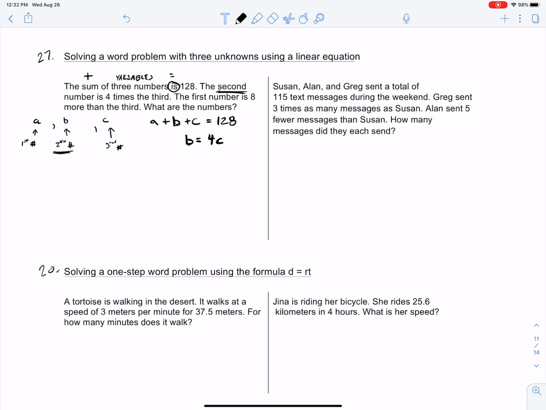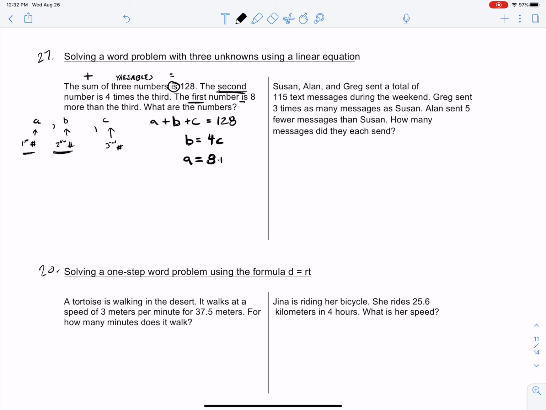Now, the first number is 8 more than the third. So what is my first number? My first number is A. A is, right, is equal sign, 8 more than the third.